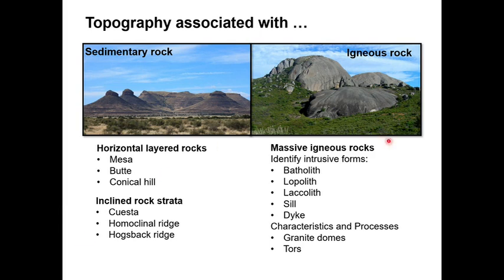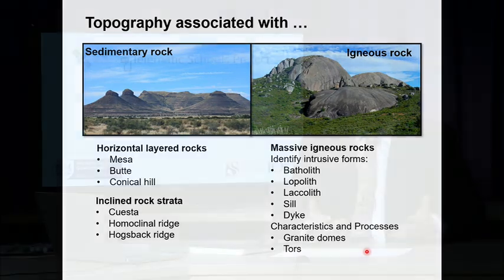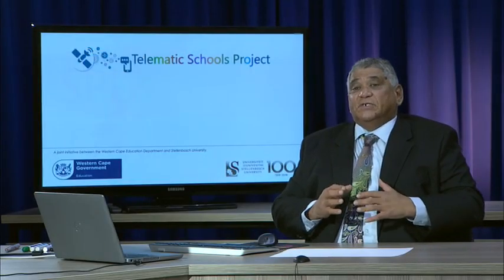Your igneous rocks, which will be your massive igneous rocks, batholiths, lopoliths, laccoliths, and your sill, your dyke. And of course, the characteristics and processes of granite domes and tors. So these are basically the things on which this afternoon's discussion will be based. Right.